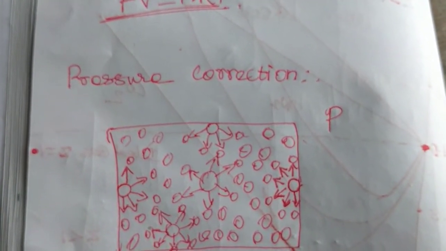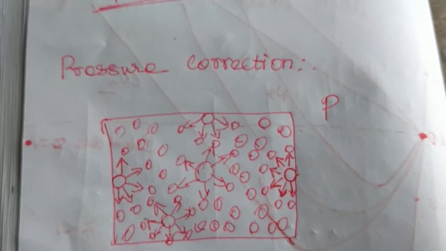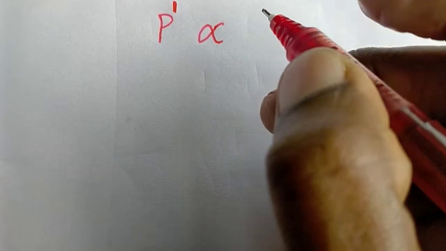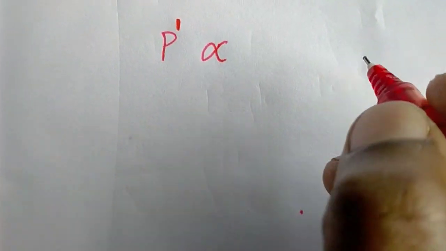For finding the pressure correction in the ideal gas behavior, van der Waals explained that the pressure correction is directly proportional to the square of the density of the gas.